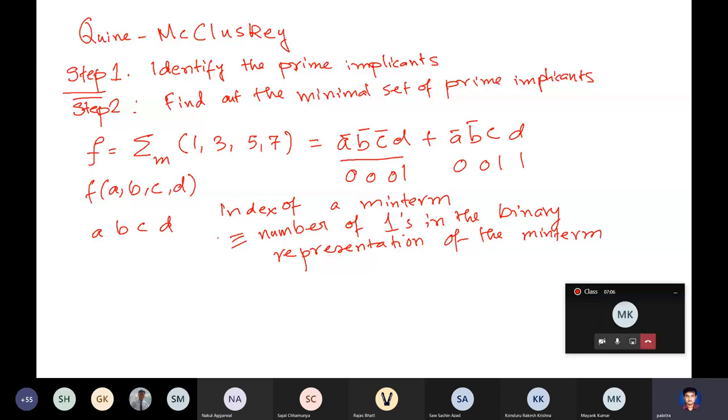So this will have an index of 1 and this will have an index of 2.